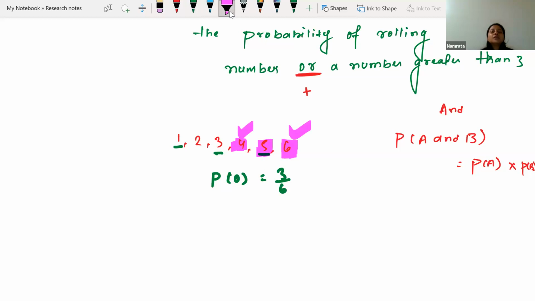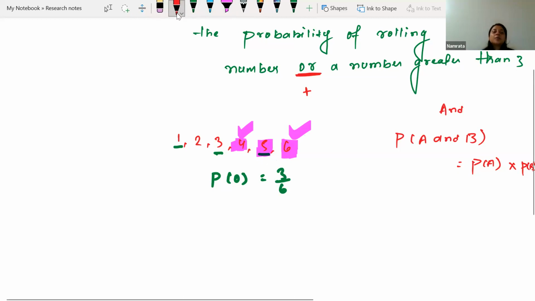Okay. So for the second case, probability of a number which is greater than 3, we will be considering 4 and 6. Why not 5? Because as you can see, 5 is also having an underline. That means that we have included it in the first probability.